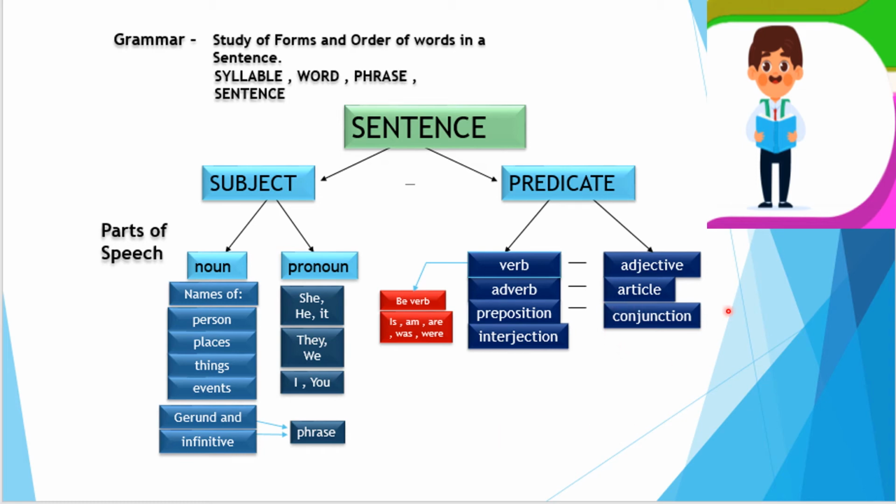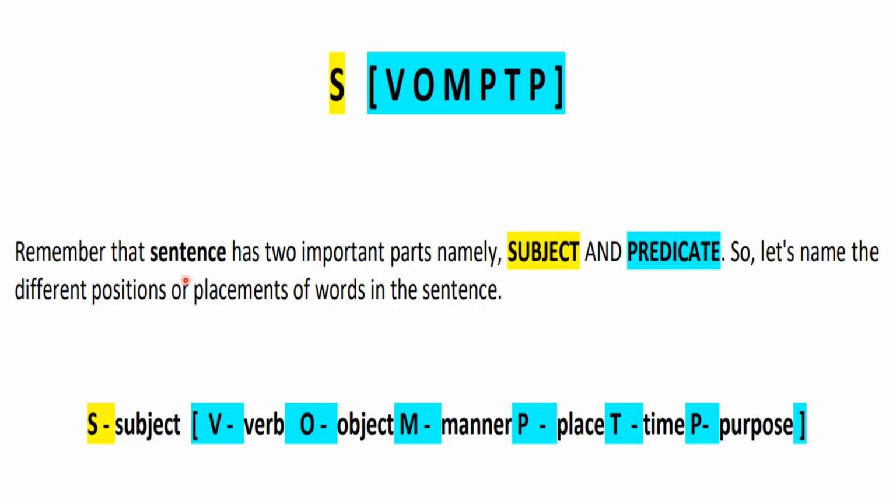Those are conjunctions, and they also have different functions. We will study those things deeper in the next episode of my video, but we will focus this time on the positions of words in the sentence.